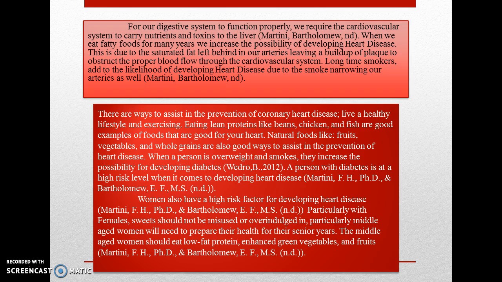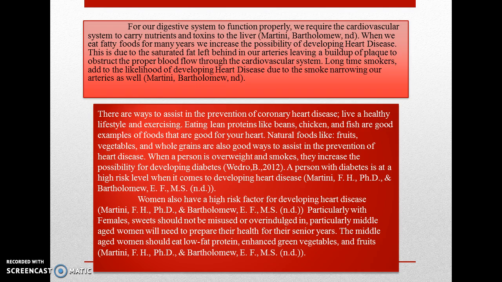When a person is overweight and smokes, this increases the possibility of developing diabetes. Diabetes is a high risk. When you have diabetes, you're at a high risk level of developing heart disease. Women also have very high risk factors in developing heart disease.